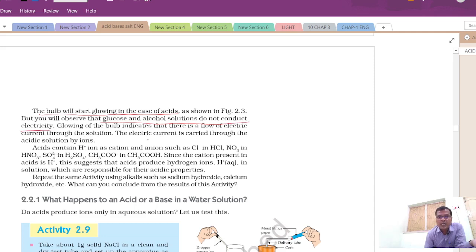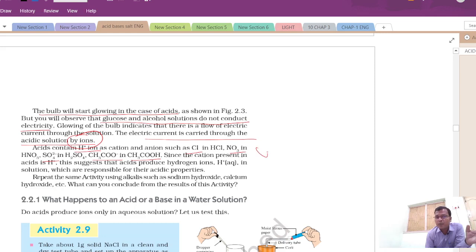The electric current is carried through the acidic solution by ions. Remember, by ions the electricity is conducted. Acid contains H plus ion, and anions such as chloride ion in HCl, NO3 minus, SO4 2 minus, and CH3COO minus ion. This last one is from acetic acid. So these ions conduct electricity.